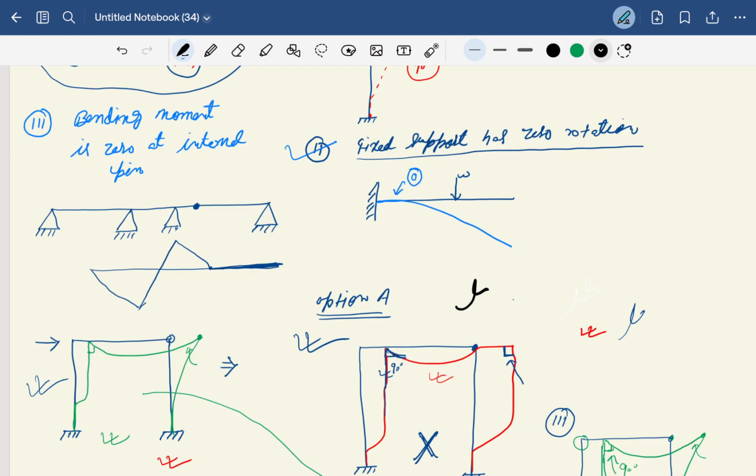What is the bending moment diagram of this, what is the deflected shape of this. Really 99% generally fail to draw it because they know but they don't know the concept. So it is very important to know the basic concept behind it, how we draw the deflected shape, the bending moment, the shear force of any beam, any portal frame and all.